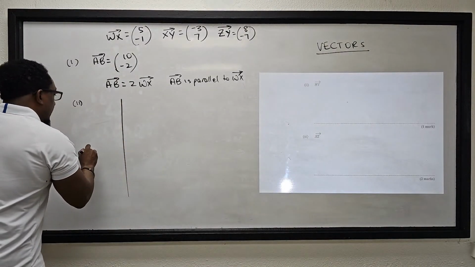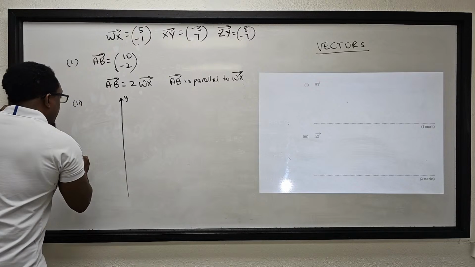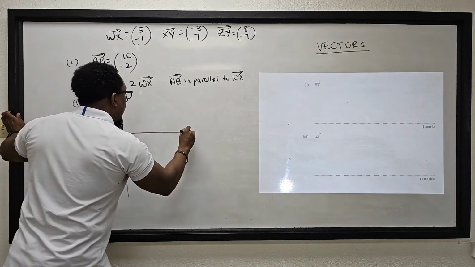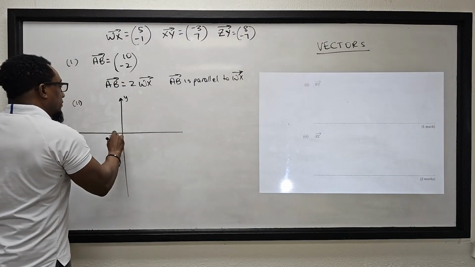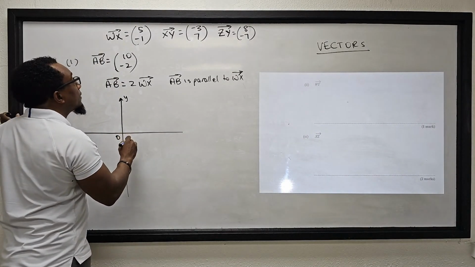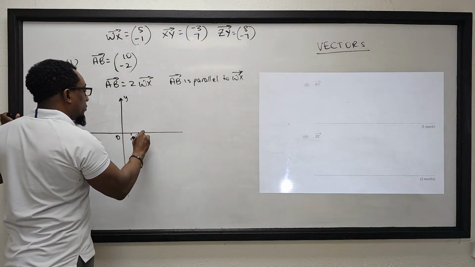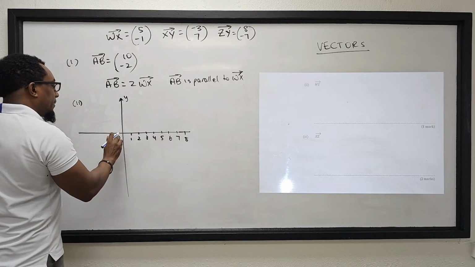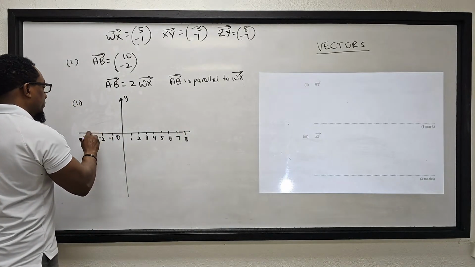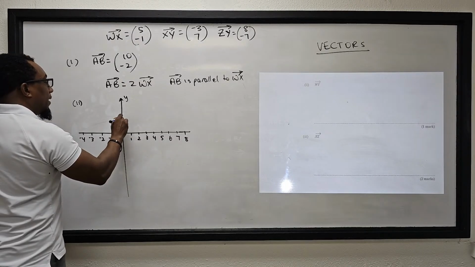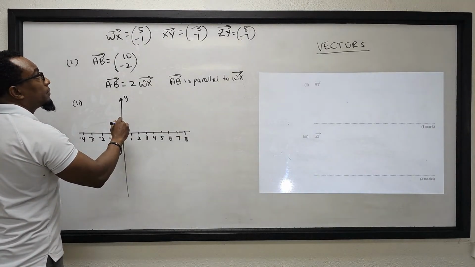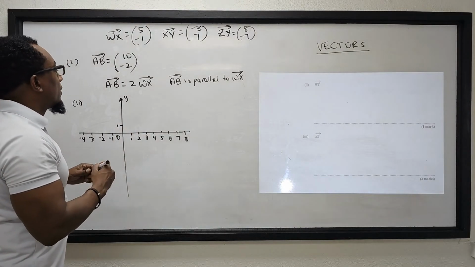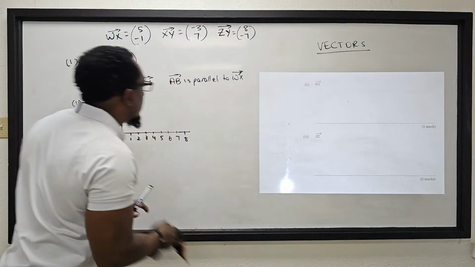So look at the visual. Position vectors. We have the y-axis and the x-axis, with the origin 0. We have 1, 2, 3, 4, 5, 6, 7, 8, and negative 1, negative 2, negative 3, negative 4, negative 5. On the y-axis we have 1 to 7, and negative 1 to negative 7. Let me draw this a bit lower.